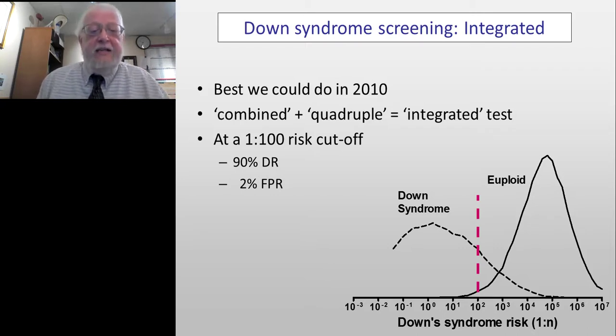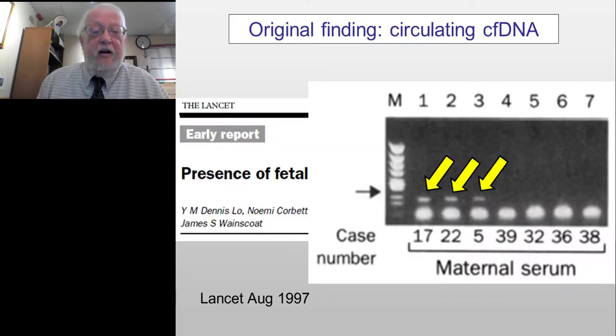In 1997, Dennis Lo and colleagues at the Chinese University of Hong Kong had a paper in the Lancet where he took plasma from pregnant women and simply used a Y probe. The male pregnancies all showed the Y probe mark, and the 4 subsequent samples were from females.